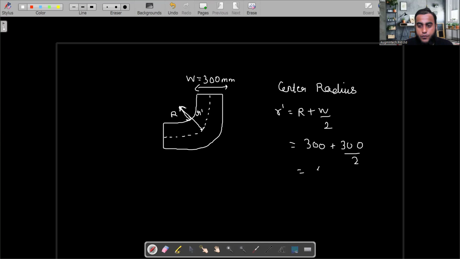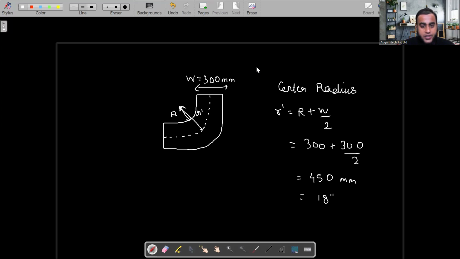Can you tell me the value? 450 mm. But we need to enter the value in inches. So how much now in inches? 450 mm. Yes, fast. Let me know the value. 450 divided by 25 is how much? 18 inch. Am I right? Tell me. Or 18 inch. Yes.